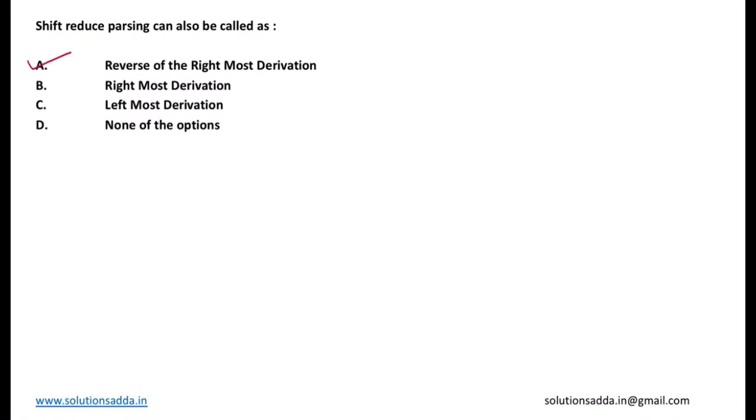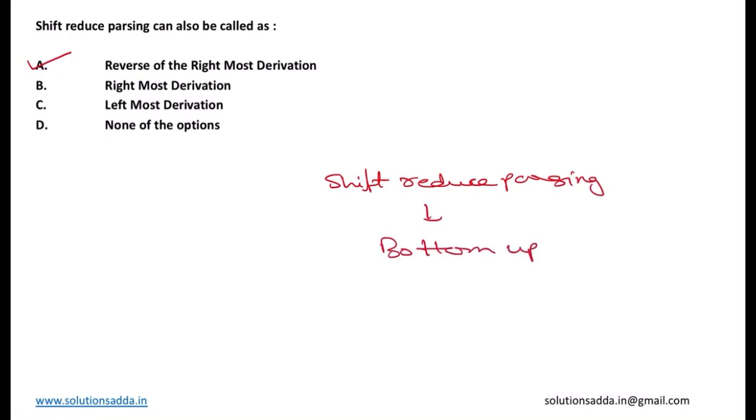Shift reduce parsing is a bottom up parsing technique. So note this point that shift reduce parsing is a bottom up parsing technique and it is also called reverse of the rightmost derivation.